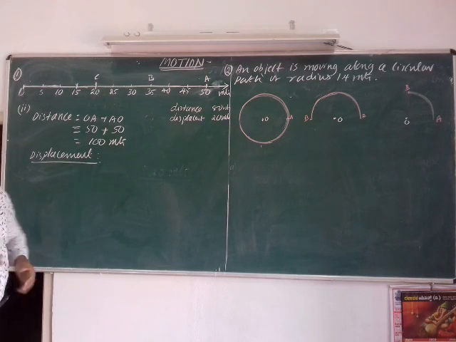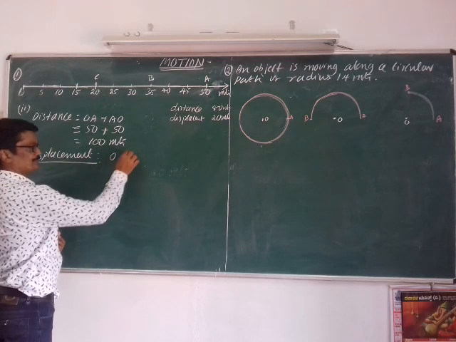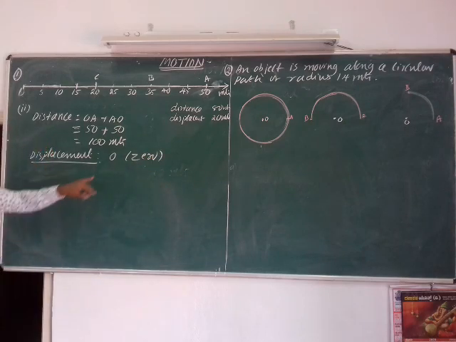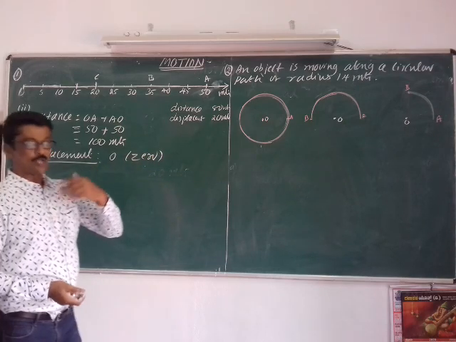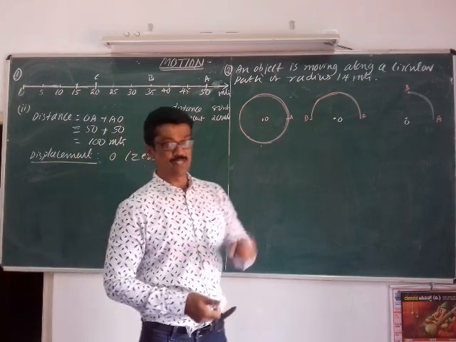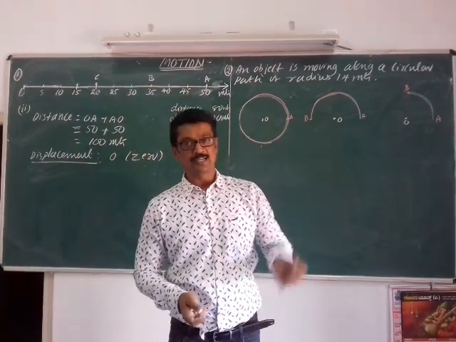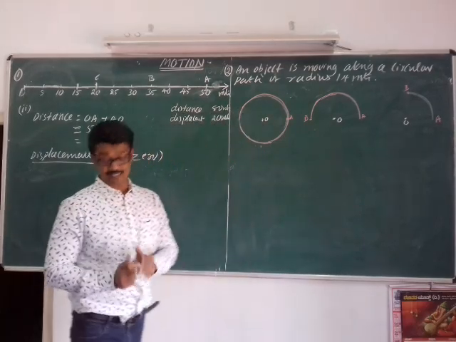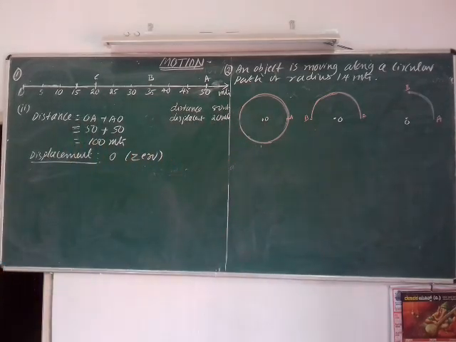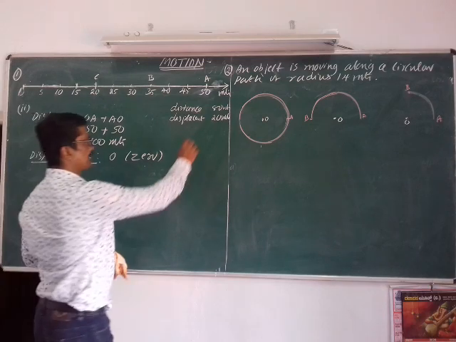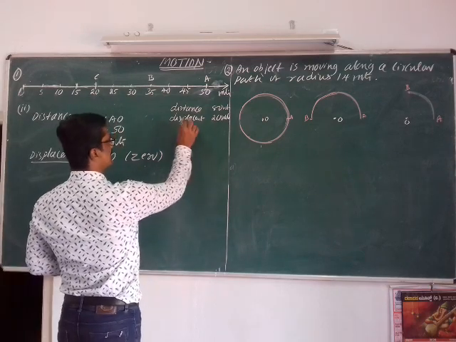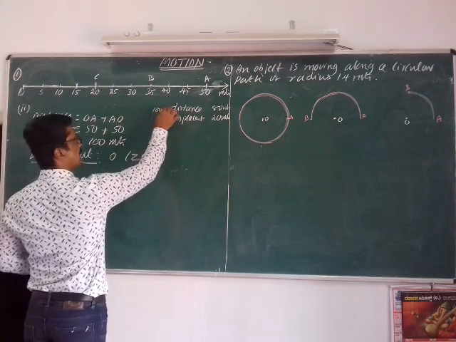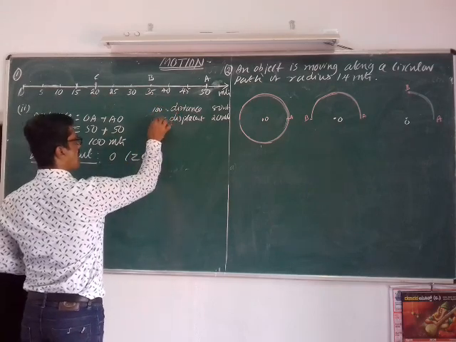Therefore, the displacement is 0. Did you understand? So, you have to remember this point. Whenever an object returns to its initial position, displacement becomes 0. So, once again, distance travelled is 100 and displacement is 0.